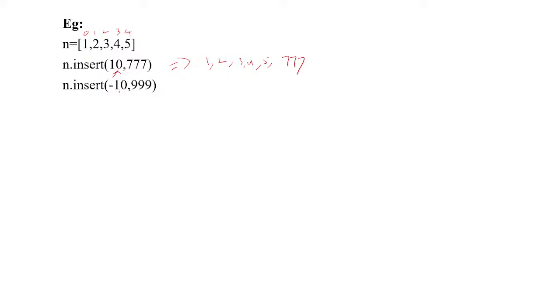Similarly, if you use a negative index -10, you have negative indexes like -1, -2, -3, -4, only -5 you have, but the -10 index is not available. In such a case, it adds before the -5 index. Then your list looks like this: 999 will be added first, then 1, 2, 3, 4, 5.